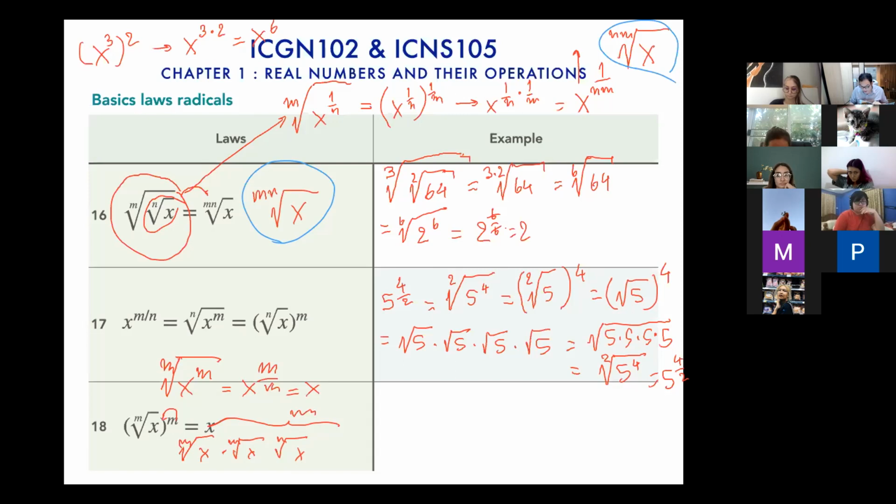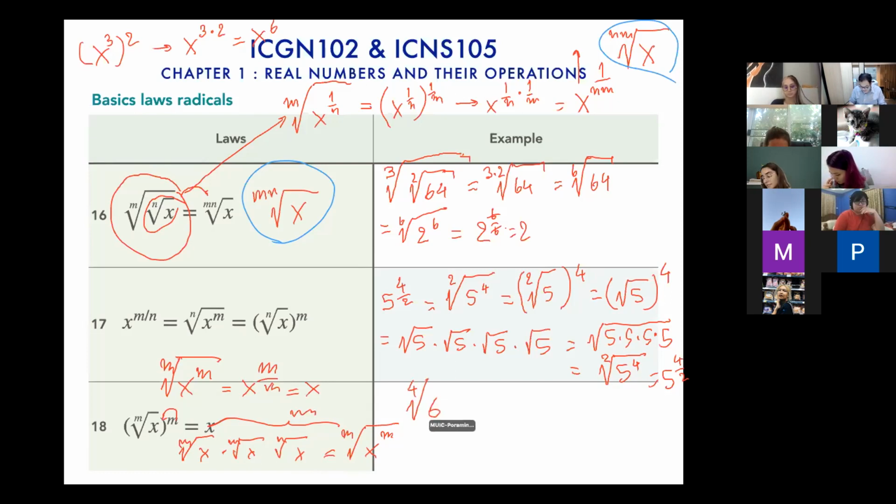Then you get the m root of x to the power of m, and you just change it to x to the power of m over m. That is the x.